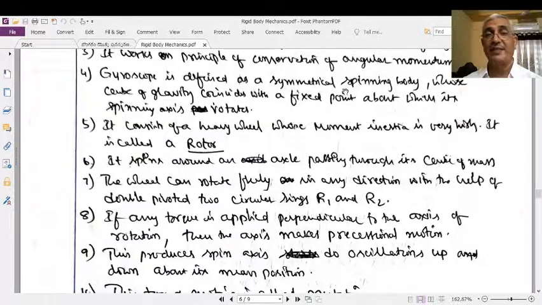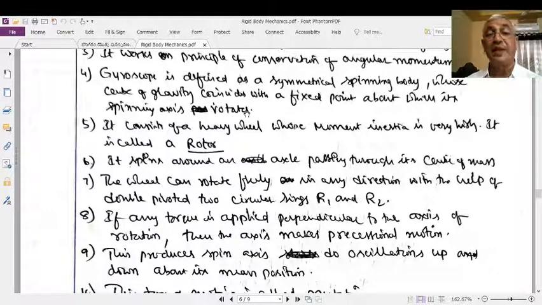A gyroscope is defined as a symmetrical spinning body whose center of gravity coincides with a fixed point about which it spins. Its spinning axis rotates.